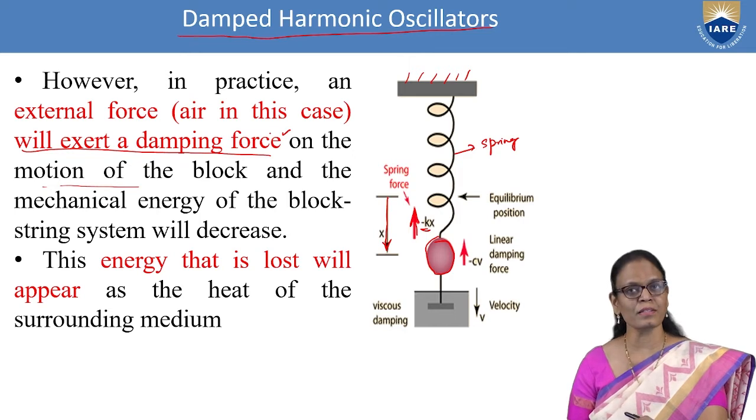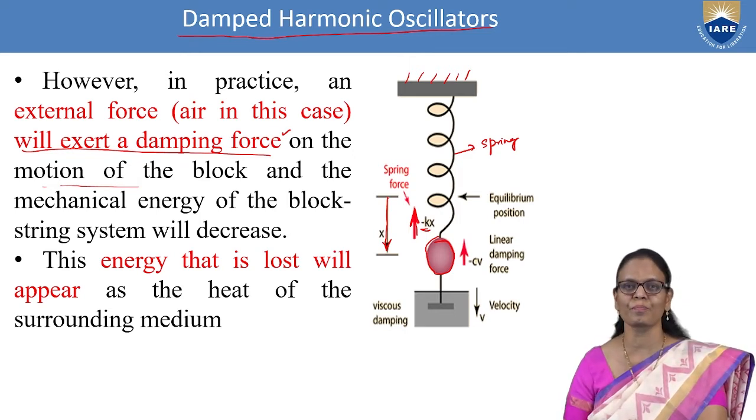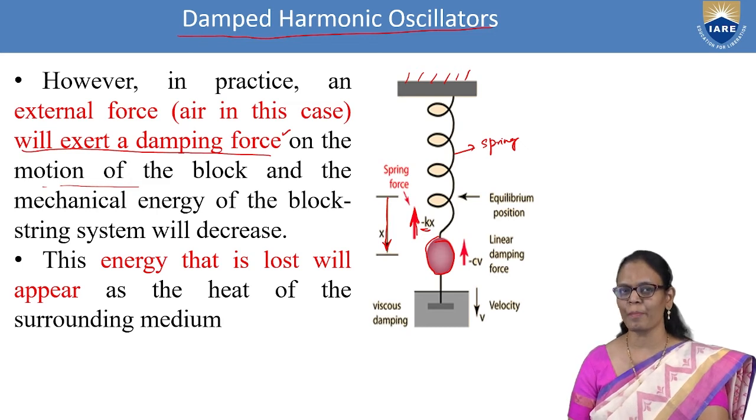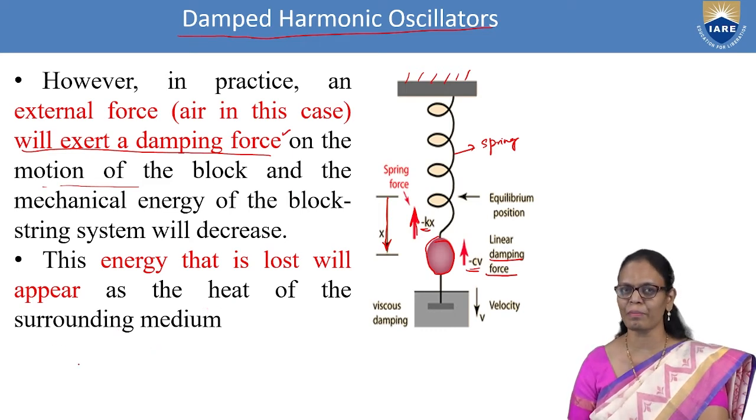The resistance due to the air that obstructs the motion of this object, we call the damping force. This damping force also acts in the opposite direction. And because of this, there is some energy loss in the system, and the energy that is lost may appear in the form of heat in the surrounding medium.